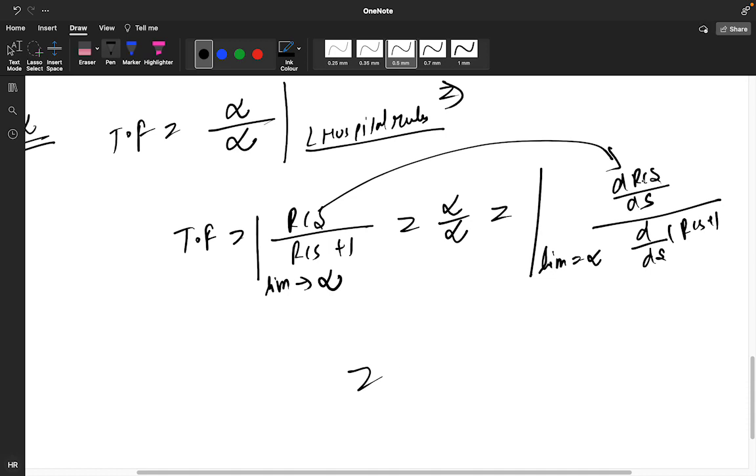When you differentiate, you get RC upstairs and RC only downstairs, and the differentiation of 1 is 0, so it gets cancelled out. So you are getting some particular value. That means at high frequency the signal will pass, right? At high frequency the signal will pass.